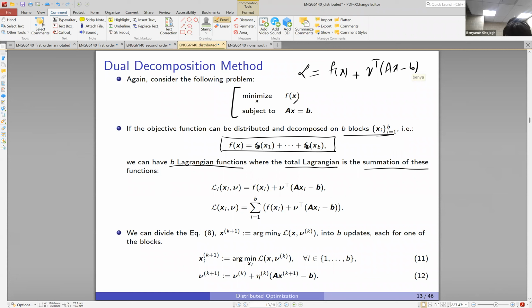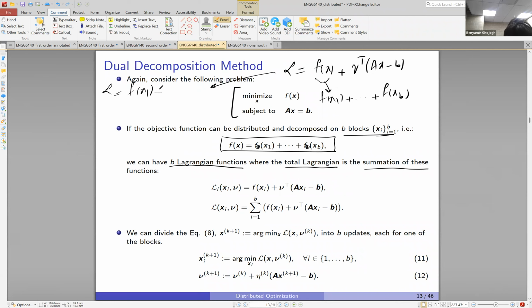Now, if f of x is f1(x1) until fB(xB), this Lagrangian becomes f1(x1) plus nu transpose (Ax1 minus b), plus f2(x2) plus nu transpose (Ax2 minus b), and so on.